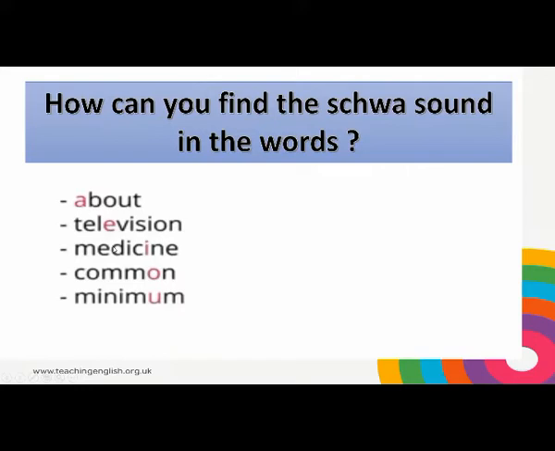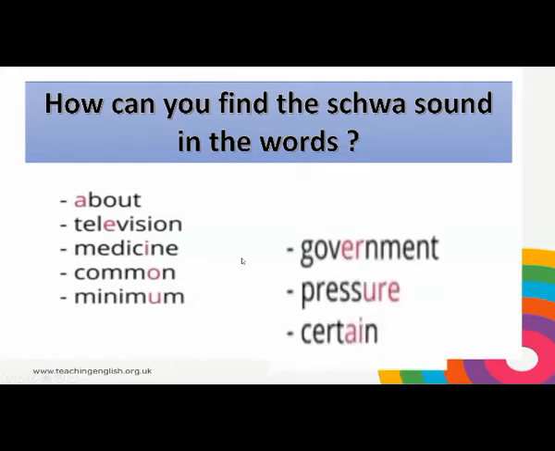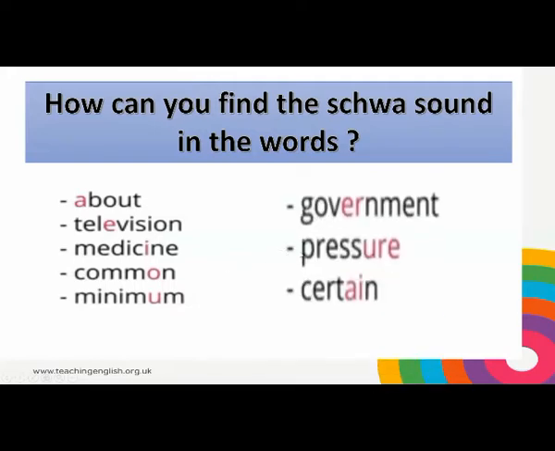So the schwa can be produced by 1 letter, 1 vowel, A, E, I, O, U. These letters here are pronounced as a schwa, and we will know why in the next slide. And the schwa can be produced by 2 or 3 letters, such as government, pressure, certain.